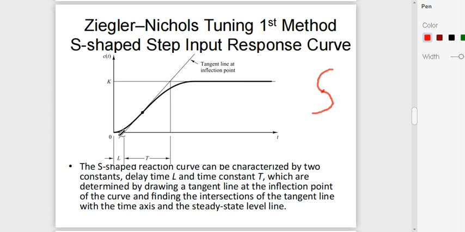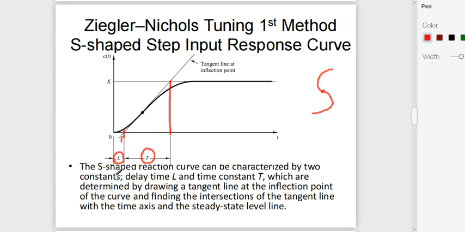The distance from the origin to the point where the tangent line meets the x-axis is the delay time L. Then, from that x-axis point, extend the steady state line down to the x-axis and measure the distance between these two points. That is called the time constant T.